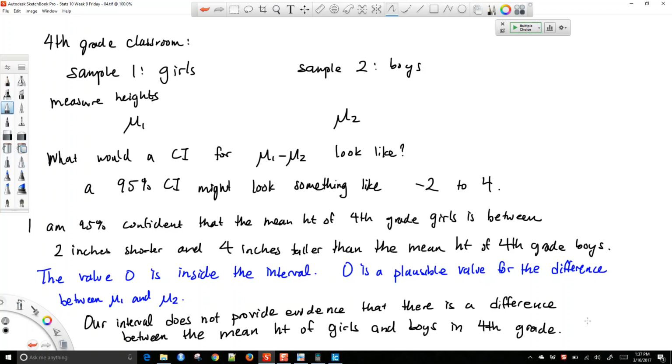Here, I started off with the interpretations because I think that's the important part.